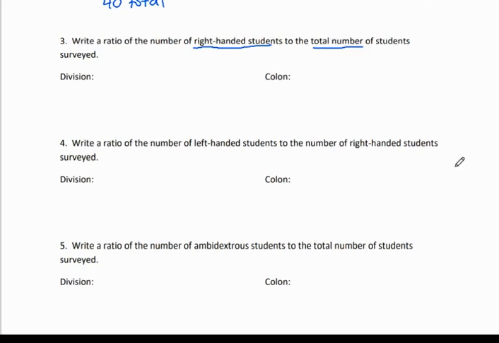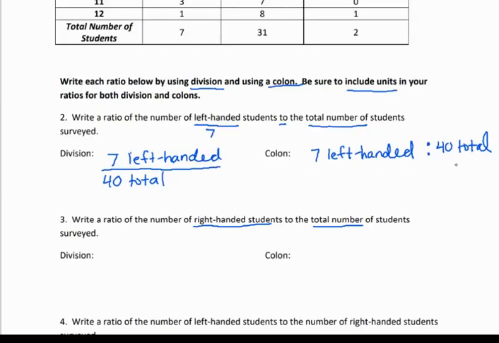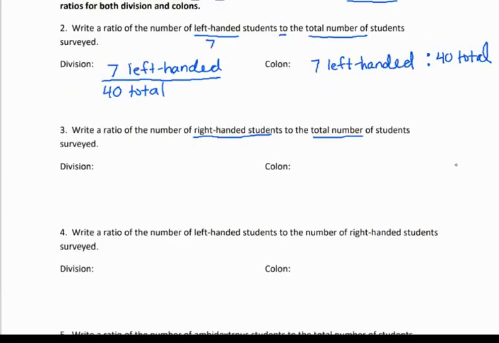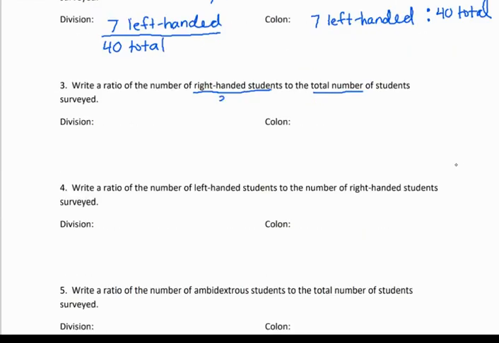All right, so let's look at 3 together, and then I'll have some people participate for 4 and 5. So again, writing a ratio of right-handed to total. I just look up at my chart. Here's where right-handed is. So right-handed's total is 31. That's important to note that we have 31 right-handed.